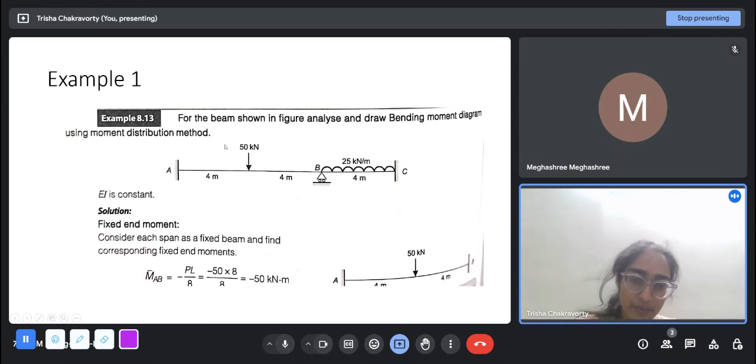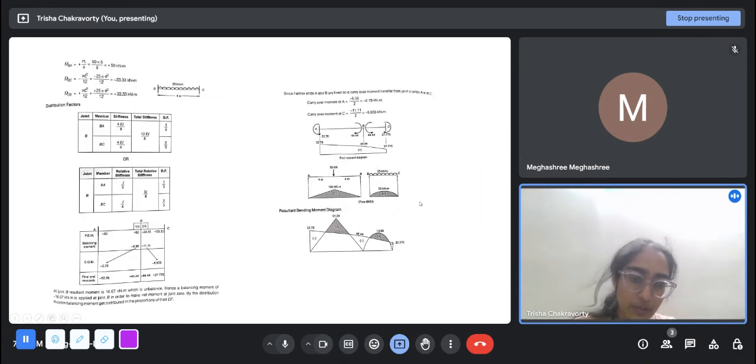If AB is simply supported, the bending moment diagram will look like a triangle like this. And if BC is simply supported with UDL, it will look like this, where the peak is WL square by 8. You should probably remember that value by now. So the bending moment diagram will be a superimposition of this and this and this.